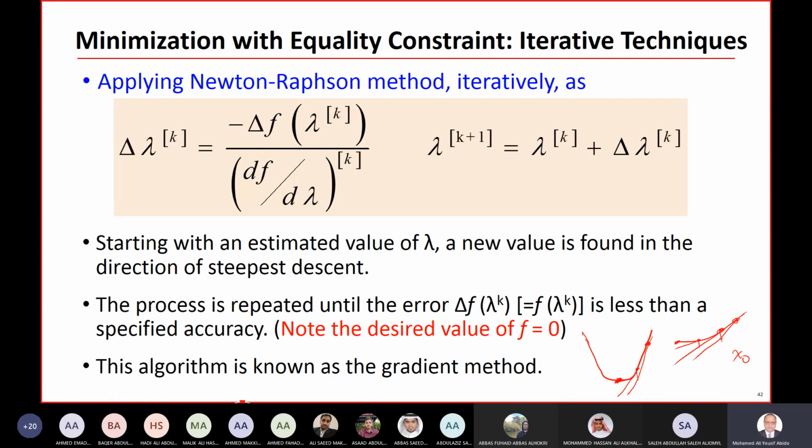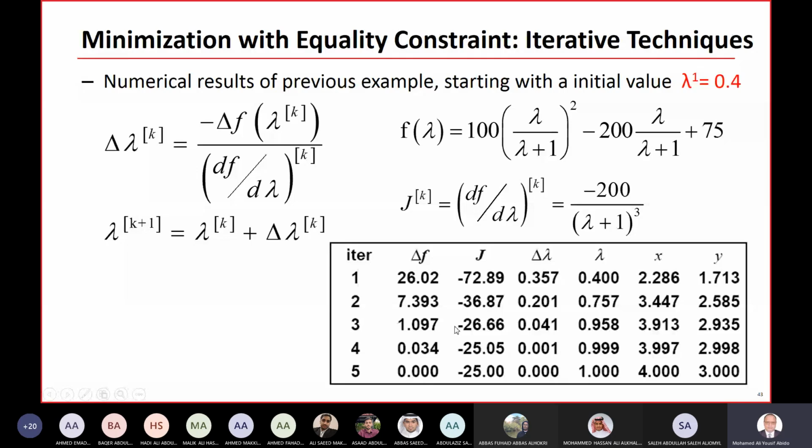Starting with an initial guess, a new value is found in the direction of steepest descent. The process is repeated until the error is less than a specified accuracy epsilon. This algorithm is known as the gradient method, because it depends on the partial f partial x, the gradient. Doctor, yes, please.